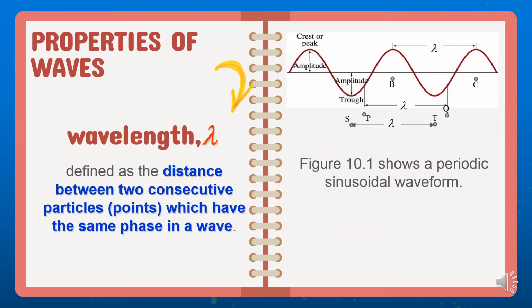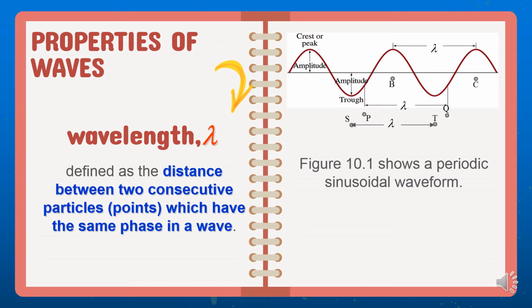From the graph, show the position of amplitude and wavelength. Amplitude is defined as the maximum displacement from the equilibrium position to the crest or trough of the wave motion.